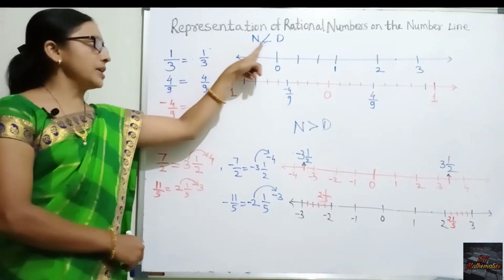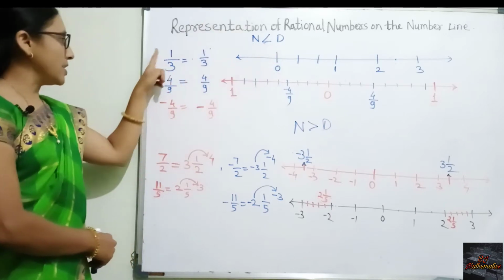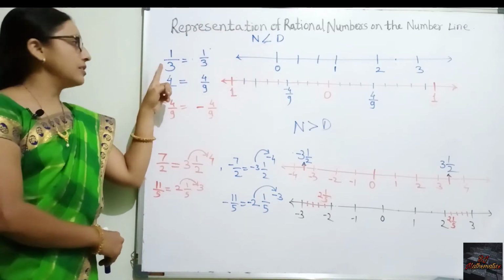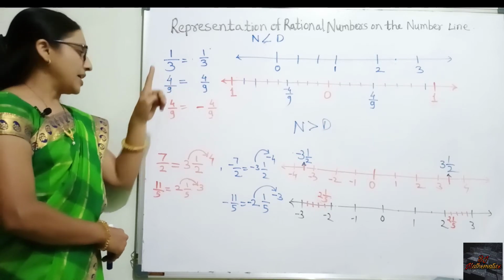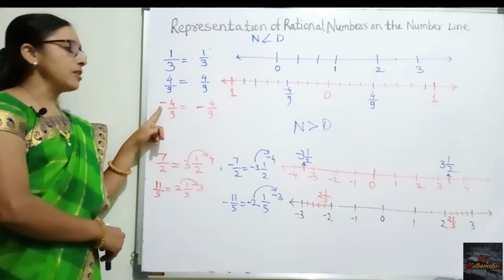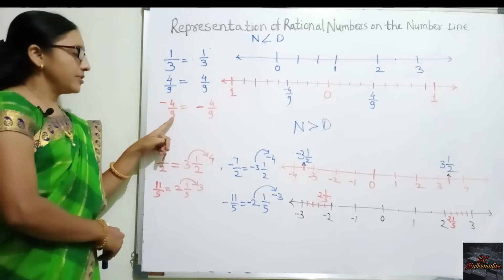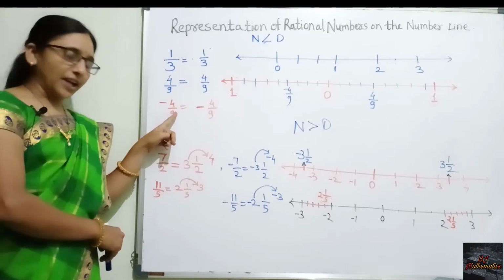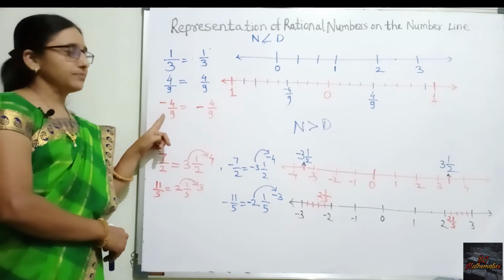When numerator is less than denominator, then it is in between 0 and 1. And if a negative fraction is there and numerator is less than denominator, then the fraction is between 0 and minus 1.